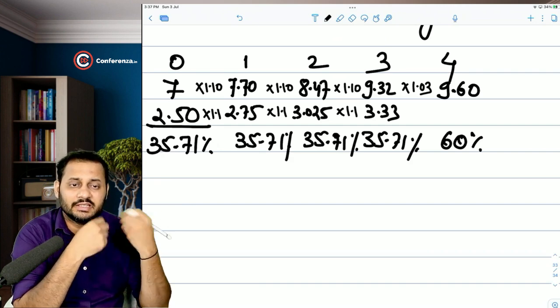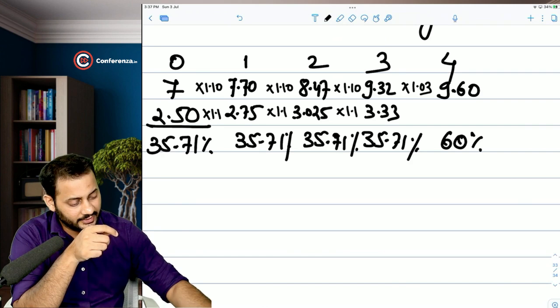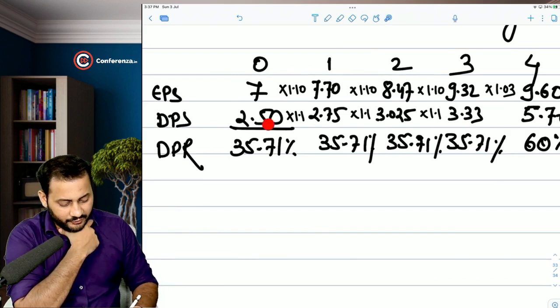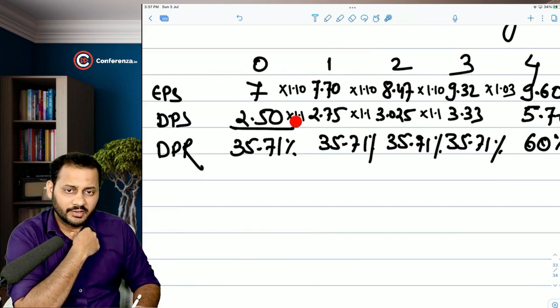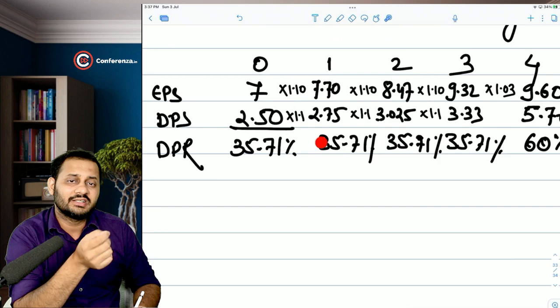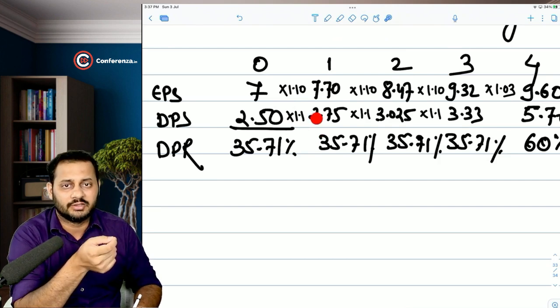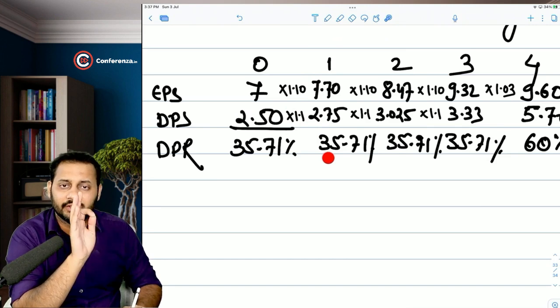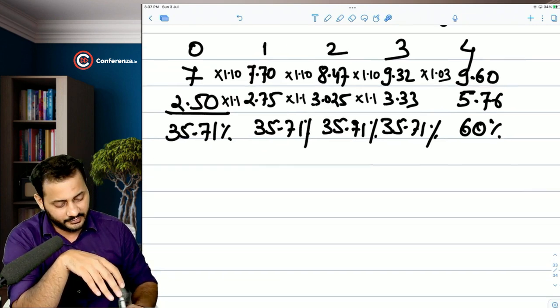So 60% of 9.6 will be taken as dividend for that year, which comes to 5.76. Now let me tell you one thing. If you multiply 2.5 with 1.1, you will get 2.75, or if you multiply 7.7 with 35.71%, you will get the same answer. So you do it this way or you do it this way, you will get the same answer. Okay, great.